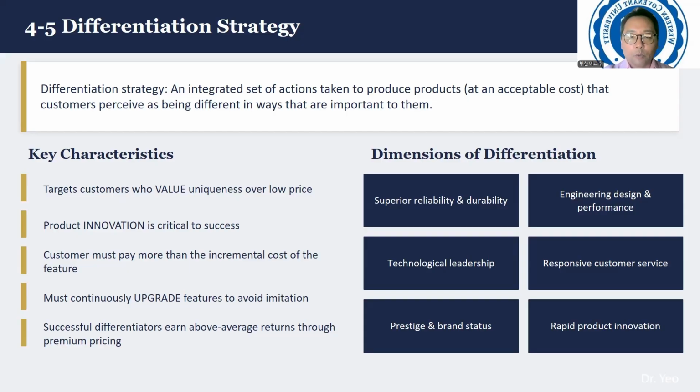The customer must be willing to pay incrementally more than the additional cost of creating the differentiated feature. Think about BMW. The car costs more to engineer and manufacture than a Toyota Corolla, but customers pay significantly more because they perceive superior performance, prestige, engineering and luxury, a style to show off.